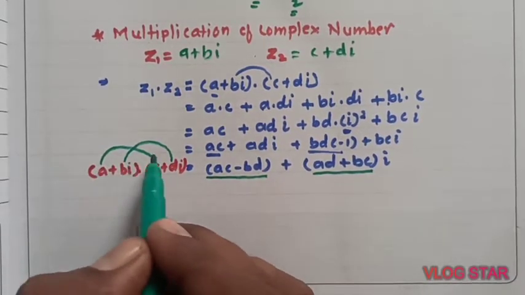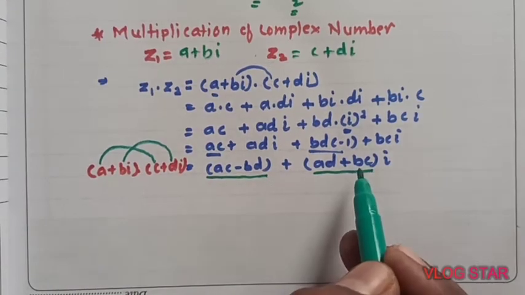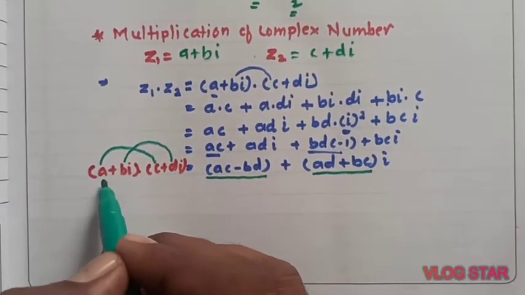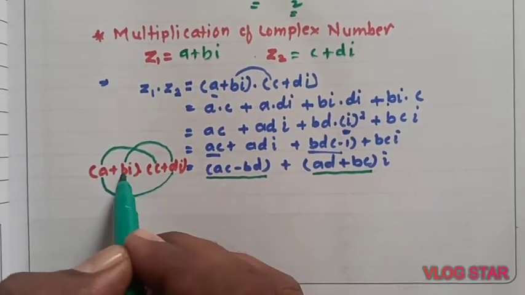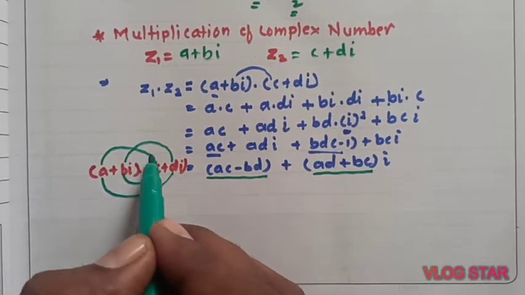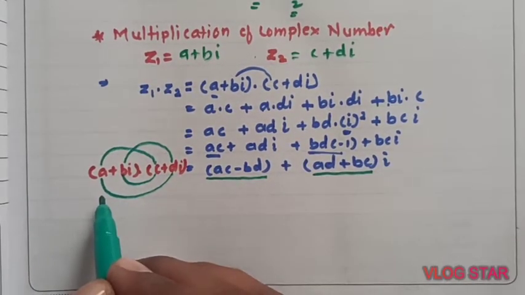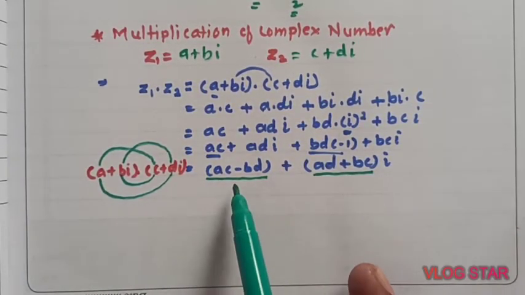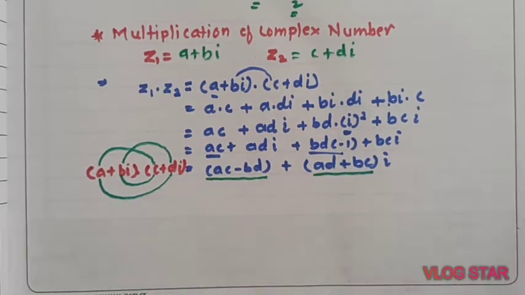So this upper diagram gives you the real part. What about the lower diagram for the imaginary part? ad, so a multiplied with d, and bc. So the upper diagram gives you the real part, whereas the lower diagram gives you the imaginary part. Like this we get the product. Now you can learn this formula, and instead of following all these steps, you can get the answer directly.